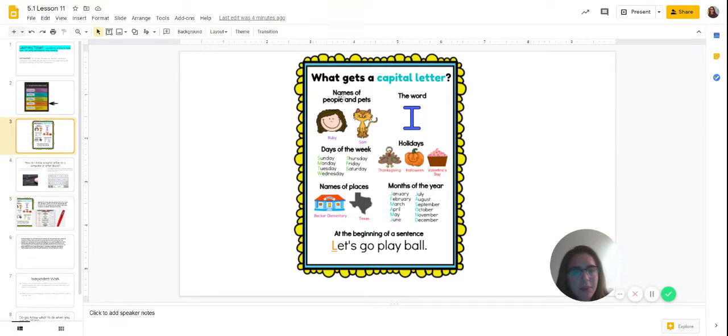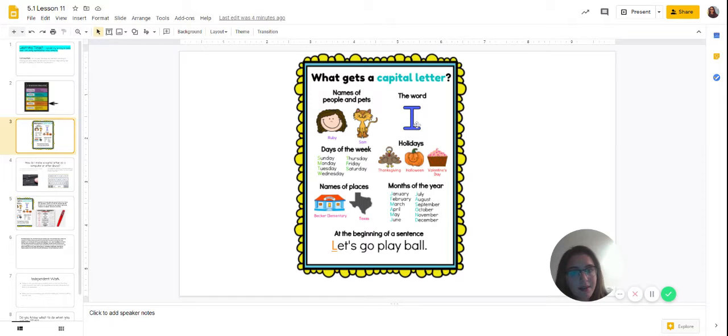Things that get a capital letter are names of people and pets. So actual names. If a person's name is Ruby or if your cat's name is Sam, the first letter will be capitalized. Days of the week are all capitalized. Names of actual places, like Sojourner Truth, our elementary school, would be capitalized. New York City, our state, would be capitalized.